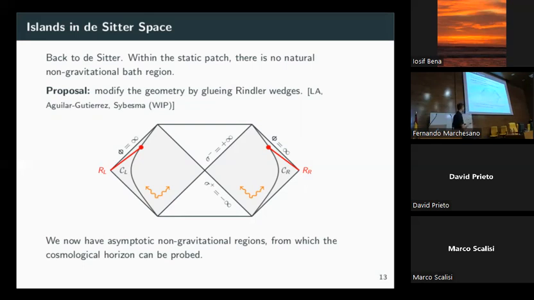When you do that, you can have Minkowski wedges where asymptotically gravity decouples, but you can use these regions to probe the cosmological horizon. So it really gives you some information about de Sitter physics. Then we can go to these asymptotic regions, define some surface where gravity is weak, and compute the entropy that is being collected in these red regions.